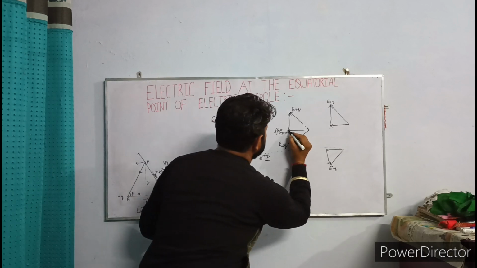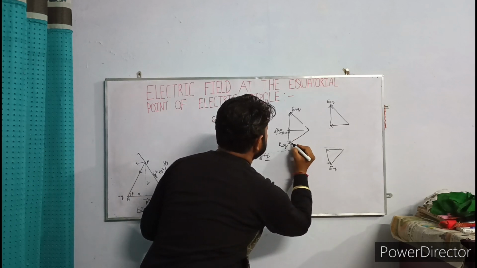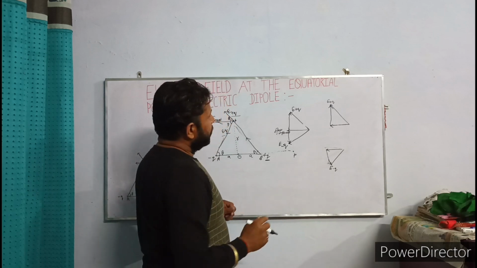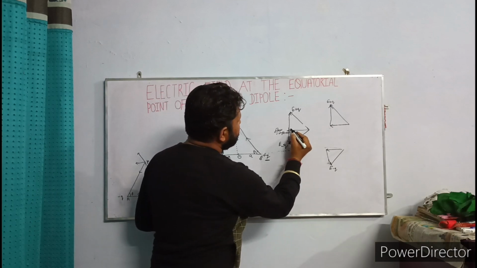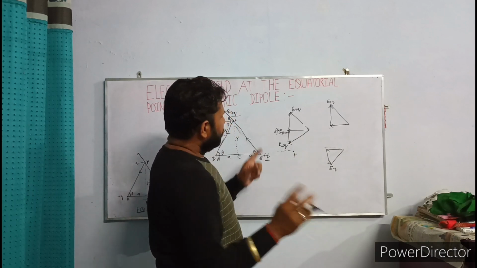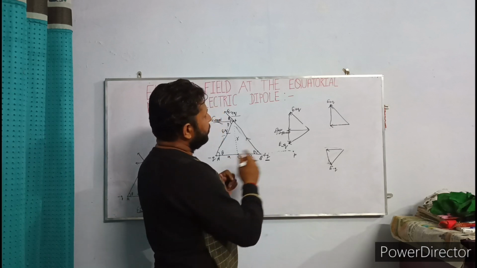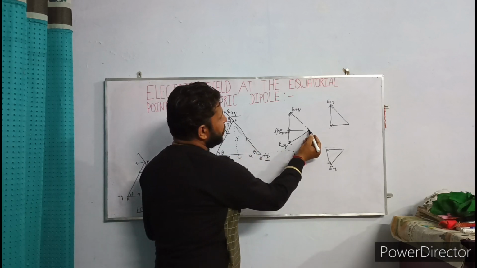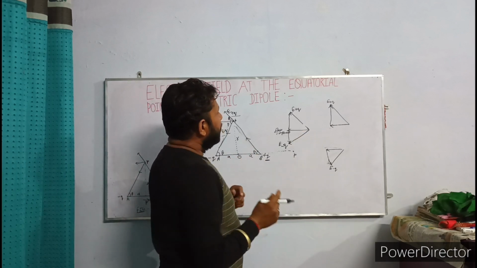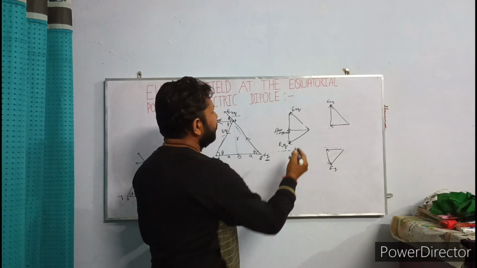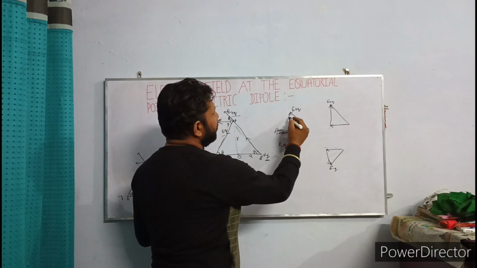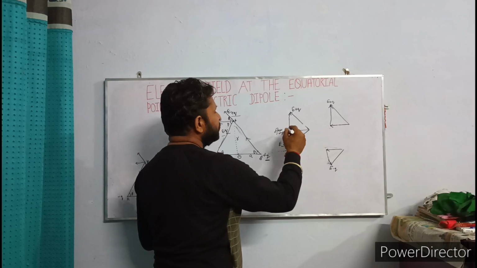Okay, students. So here, please see clearly, the base components of both electric fields will add up, and the normal components of both electric fields will be in opposite direction.